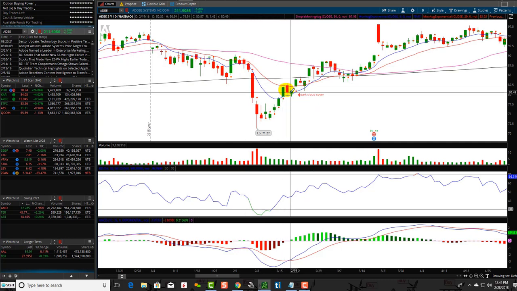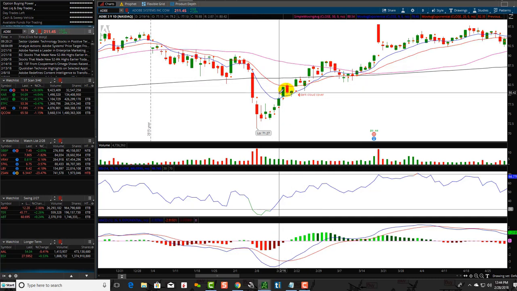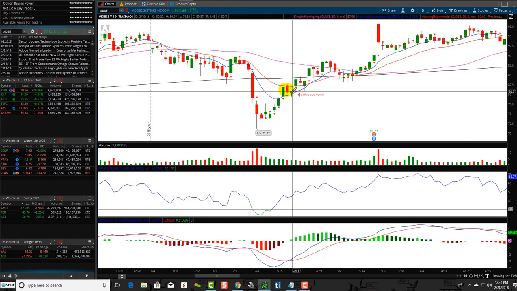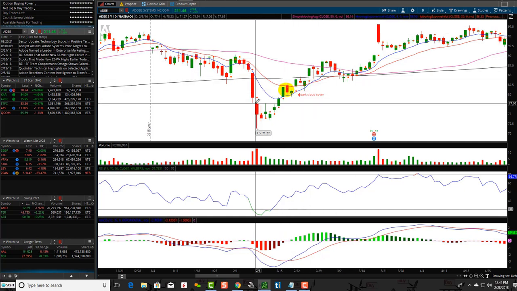This is a perfect example of it continuing upwards, because look in relation to the moving average lines: it hit resistance twice here at the 20 EMA, fell back down, got a little hammer here on the 9 EMA, and it went upwards. So there are examples of reversal patterns that might not reverse.